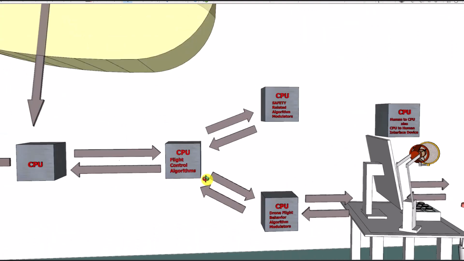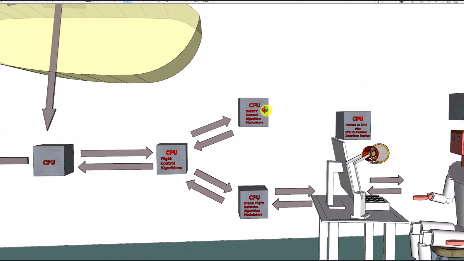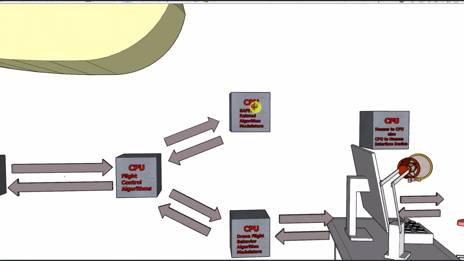The central processing unit also has separate areas where there's a safety section that evaluates what's going on with the drone and makes safety recommendations of what should be done to try to keep the drone safe from lighting on fire and crashing, etc.